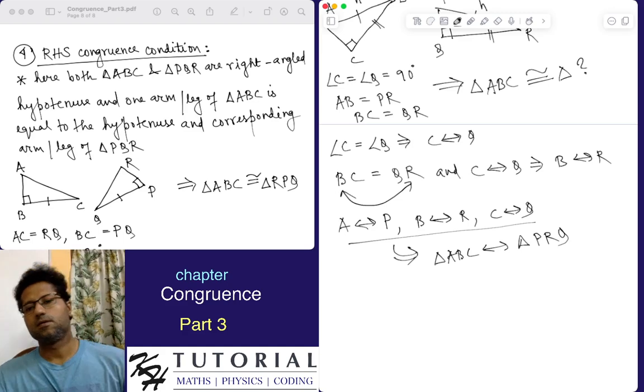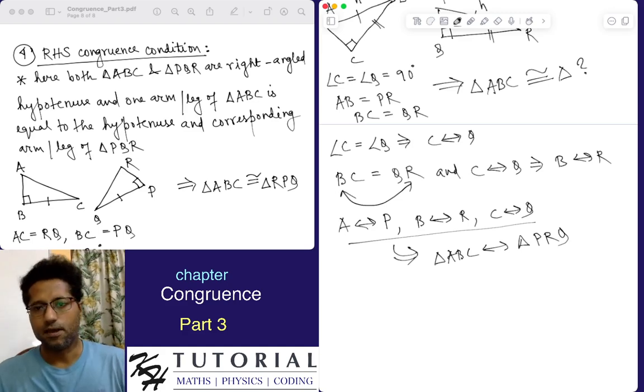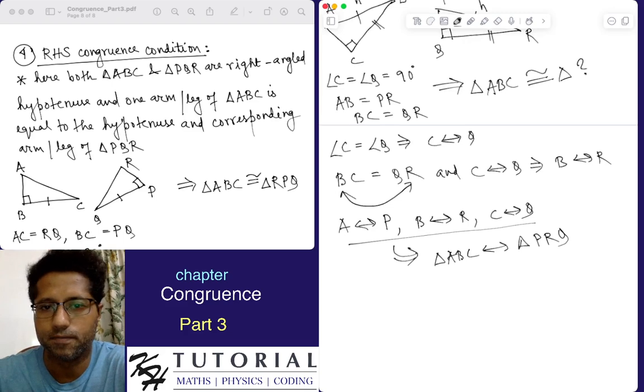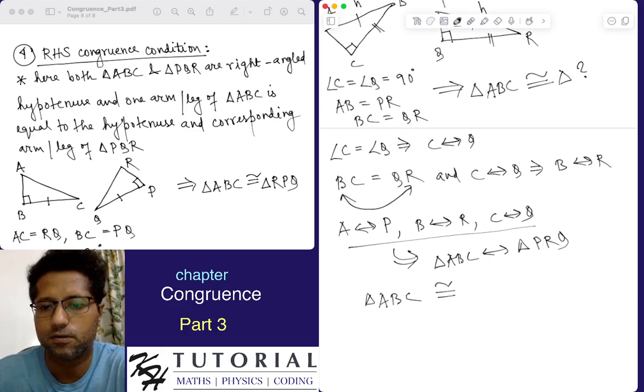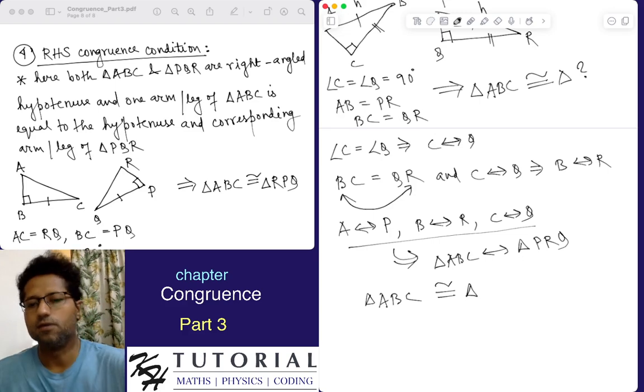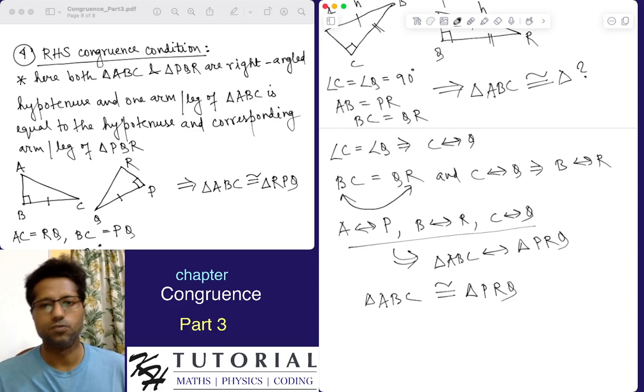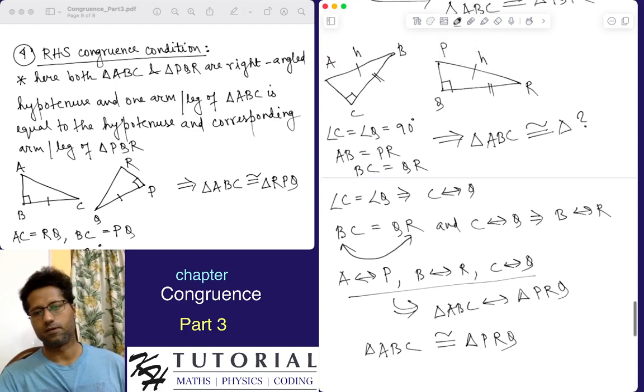Since these two triangles are congruent based on the RHS congruence condition, we can say that triangle ABC is congruent to triangle PRQ, this is the congruence relation or congruence name, based on this figure.